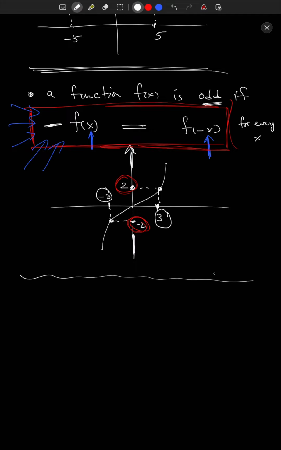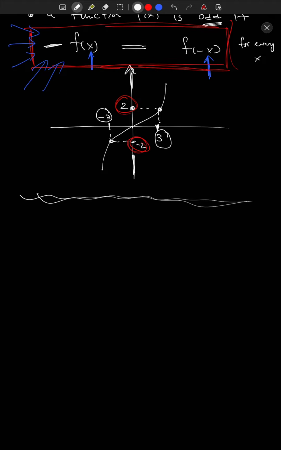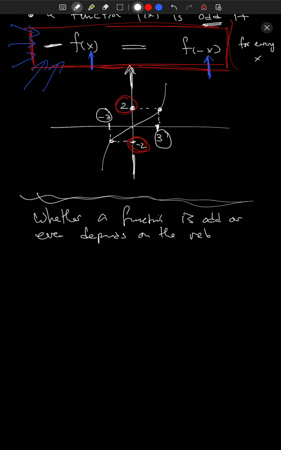Okay, so let me just summarize in words: whether a function is odd or even depends on the relationship between f of x and f of negative x.